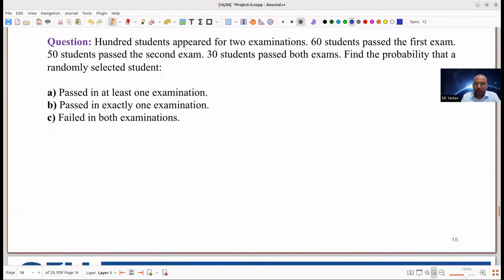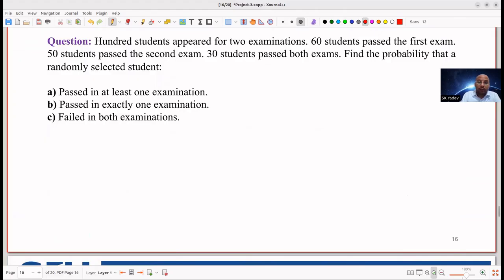The problem states that 100 students appear for two examinations. 60 students passed the first exam, 50 students passed the second exam, 30 students passed both exams. So let A be the event that a student passes exam 1, and B the event that a student passes exam 2.